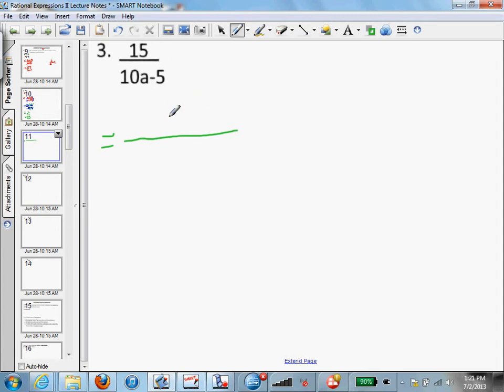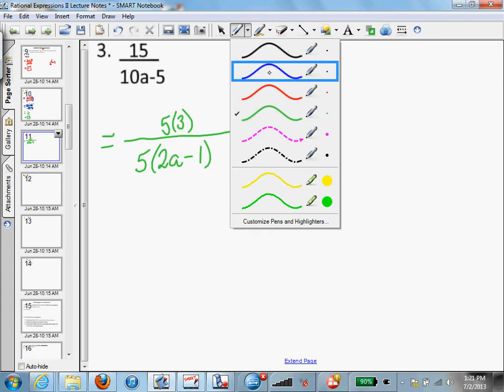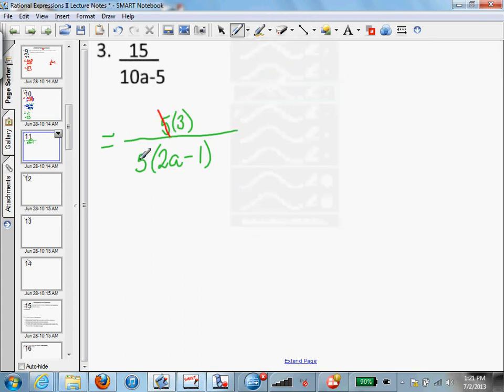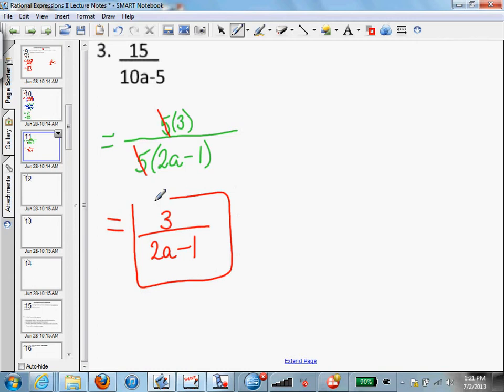So if we think of 15 as the product of 5 and 3, and on bottom we see that 5 can go into 10 and 5, so we can pull out a 5, leaving 10 divided by 5 is 2, don't forget our a in there, and then negative 5 divided by 5 is a negative 1. So we can see that these 5's can cancel out because there's a 5 on top and bottom, and we're going to be left with 3 over 2a minus 1 as our answer.